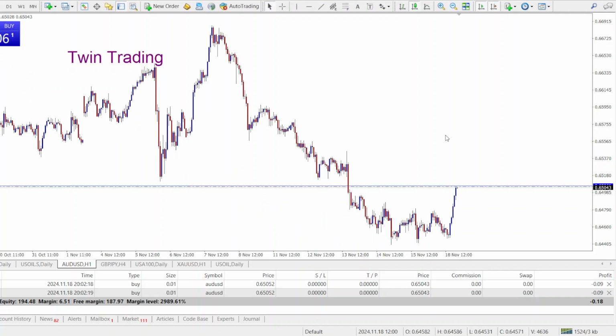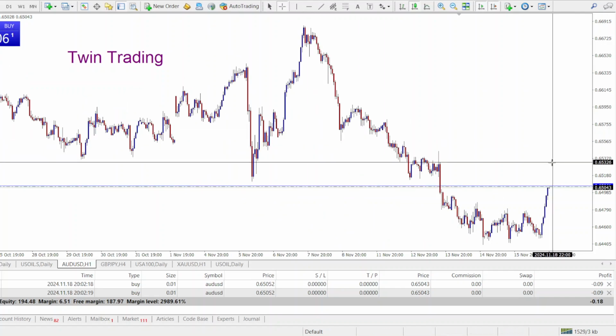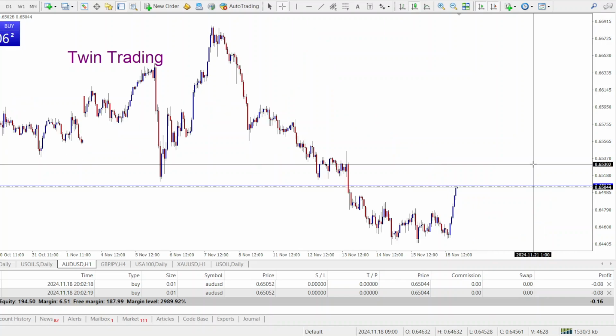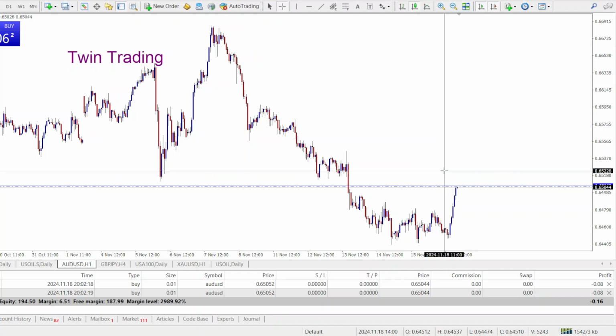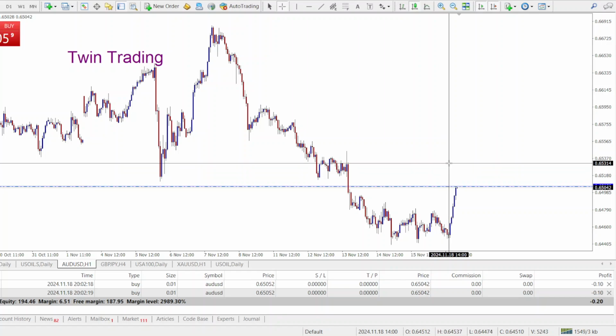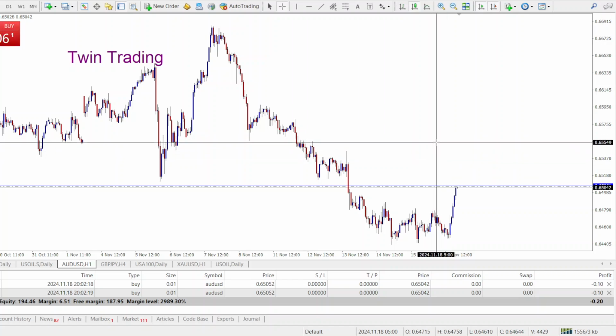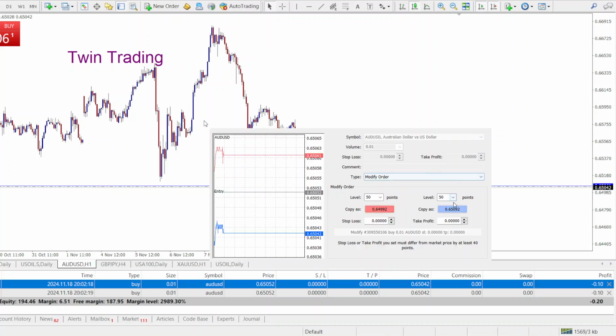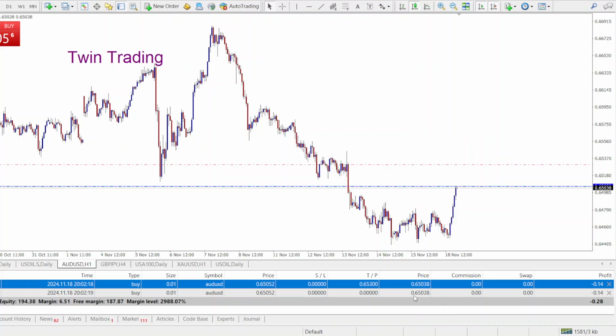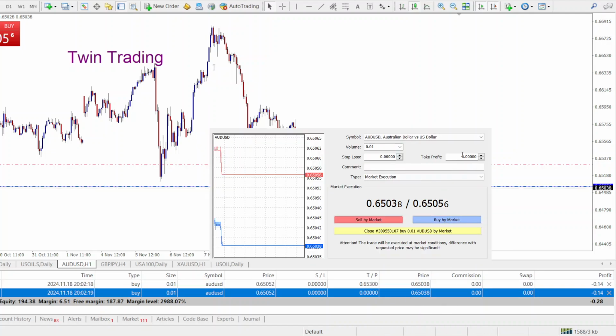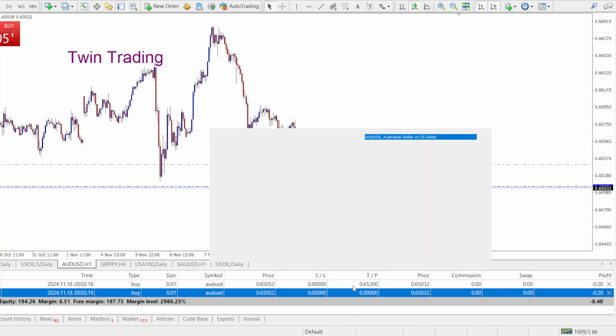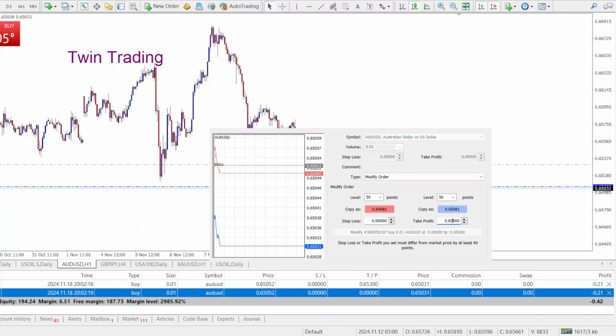All right, so I am just going to set the first take profit to be at, let's just use 0.653 and 0.655. All right, 653, and then 655.